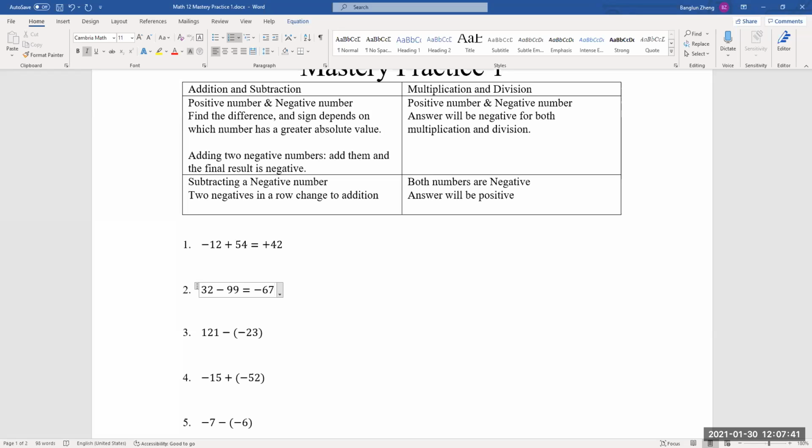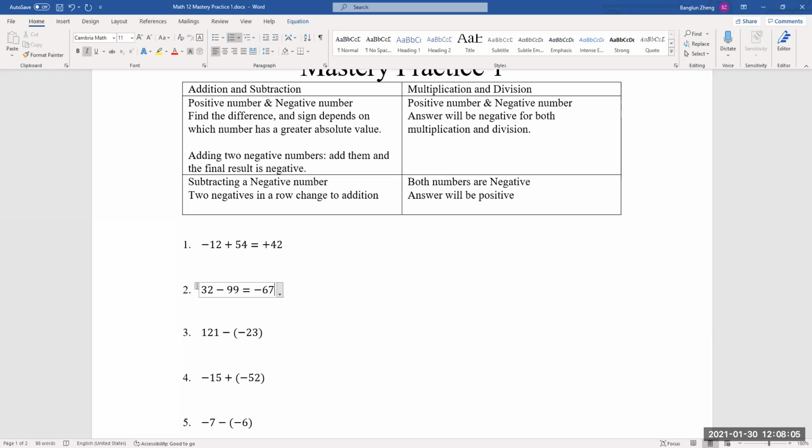So the numbers we have in this practice are all pretty small. If you have a question on how to find the difference of 99 and 32, you should watch the previous video on how to set up the addition and subtractions.